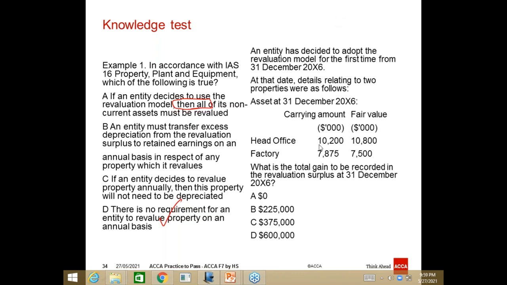Now the second question: it should be valued at the fair value.